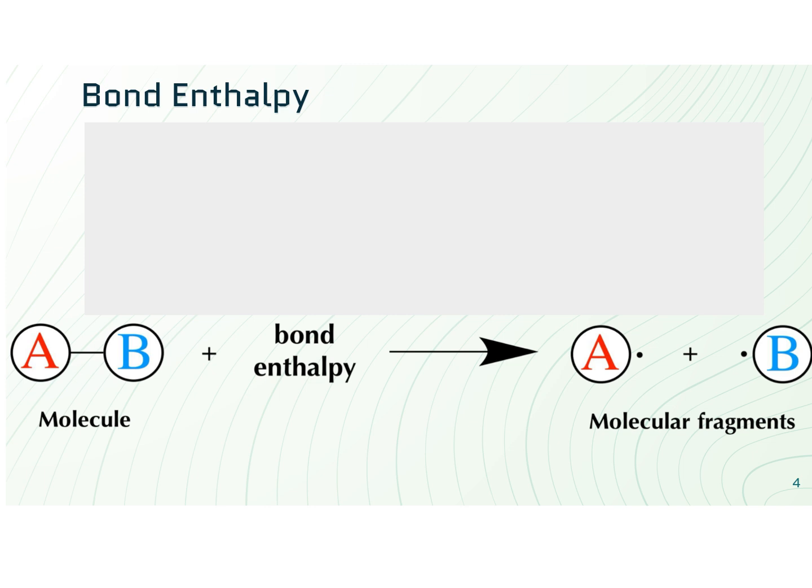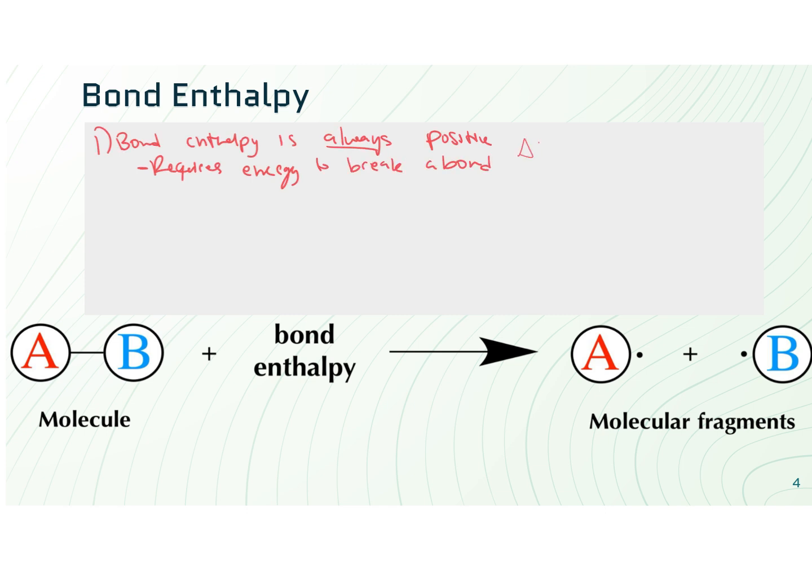And so there's a few common themes among bond enthalpies that we always need to remember. One is that the bond enthalpy is always positive because it requires energy to break a bond.